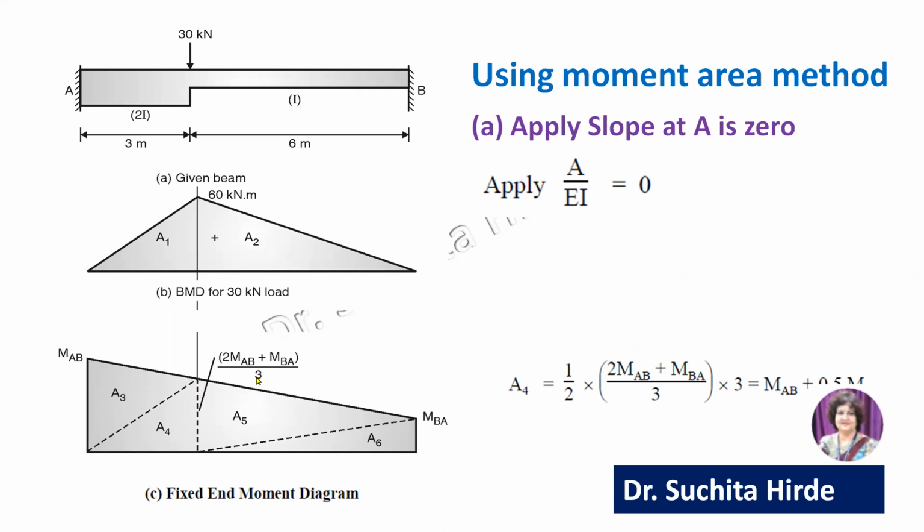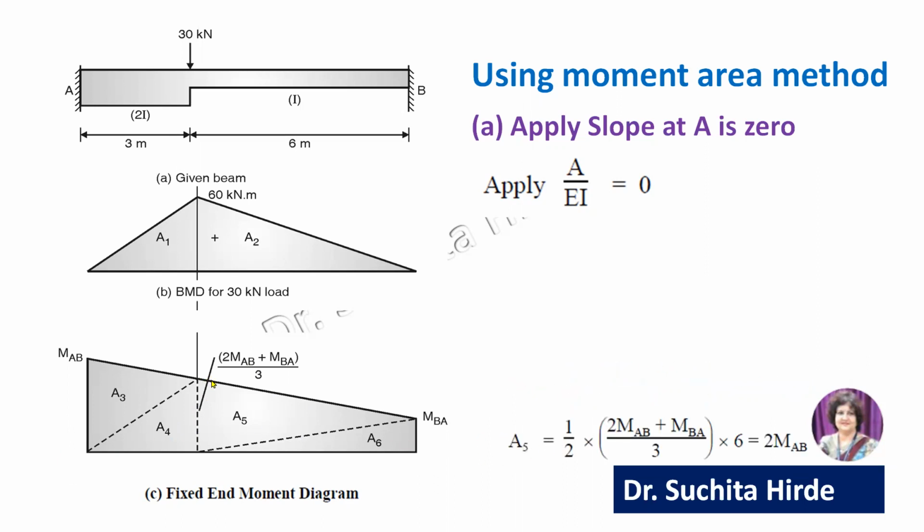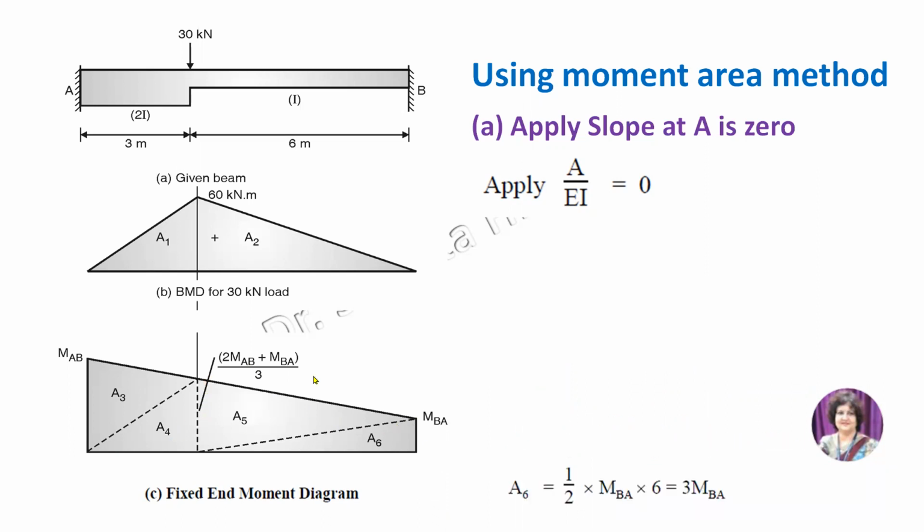So A4 is half base into height, which is 3 meter. A5 is again half base into height, which is 6 meter. And then A6 is equal to half base, which is MBA, into height, which is 6 meter. So these are the areas of various diagrams.